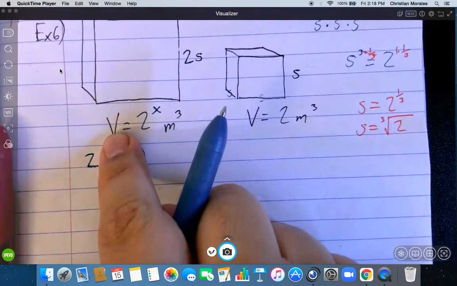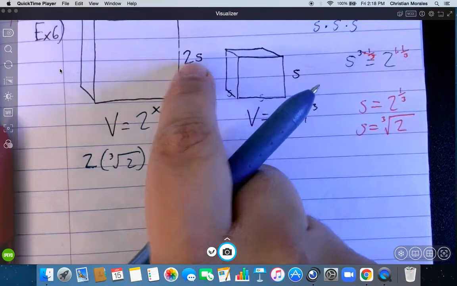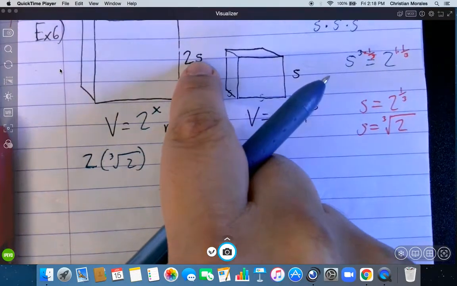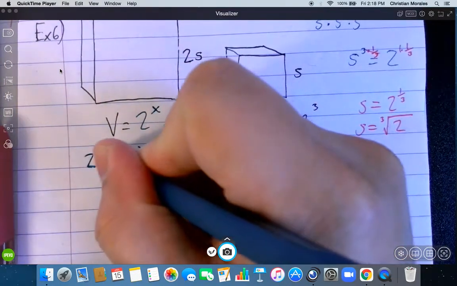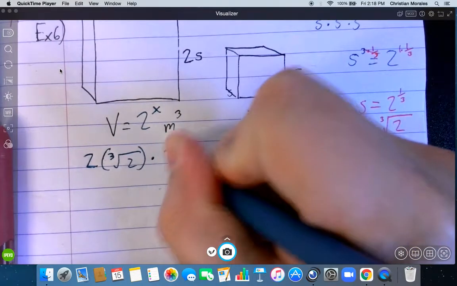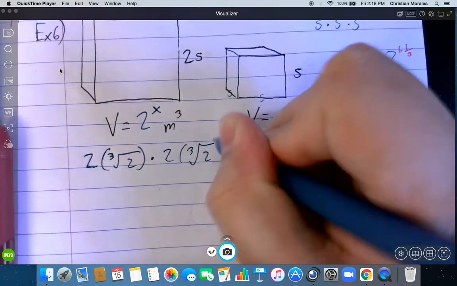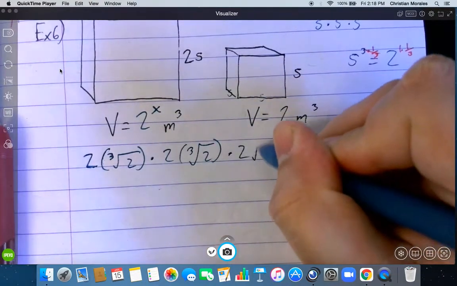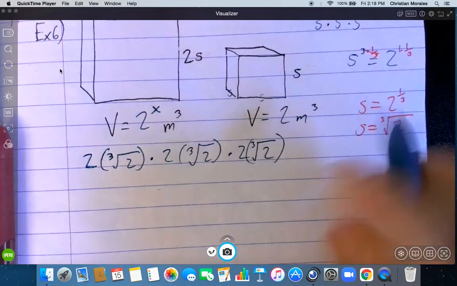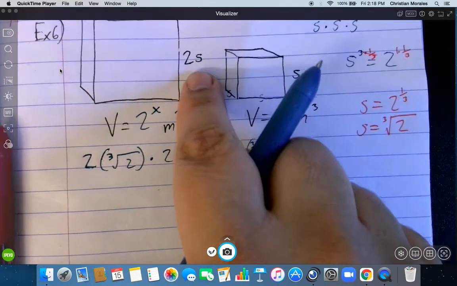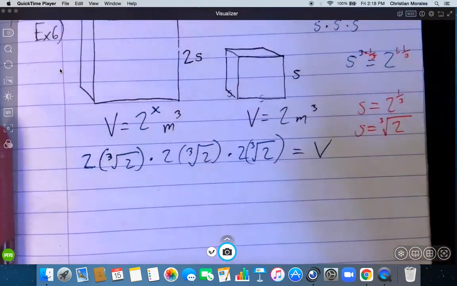The volume is what happens when you multiply this times this times this. Side times side times side, 3 times. So if you multiply this, you would have to multiply it to the 3rd power or multiply it 3 times. You're multiplying it side times side times side. That'll give you the volume.